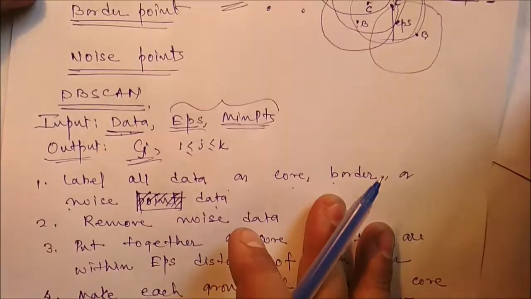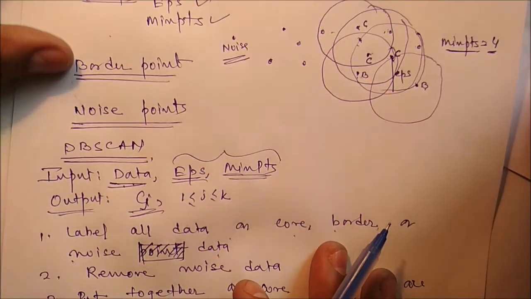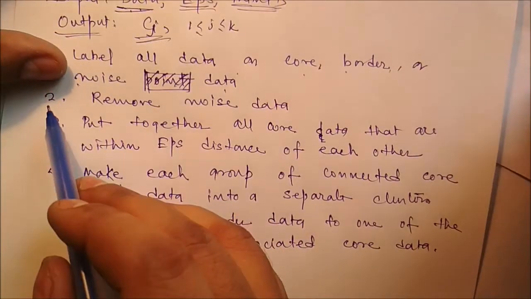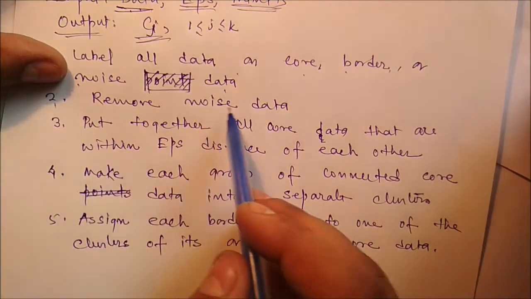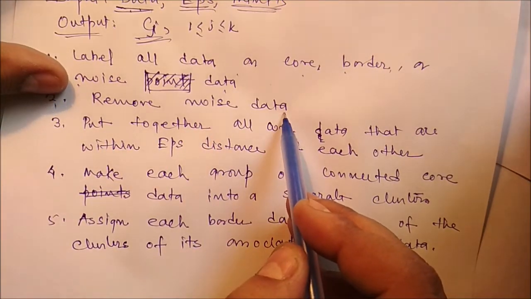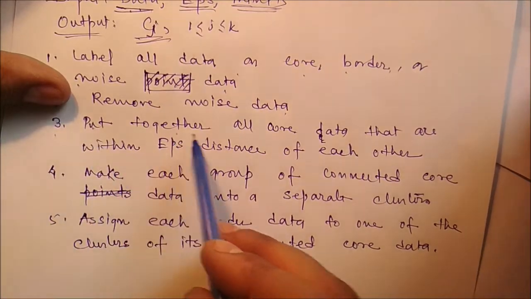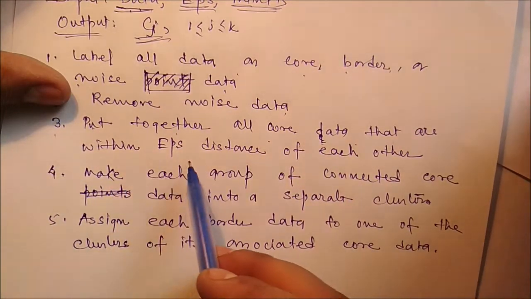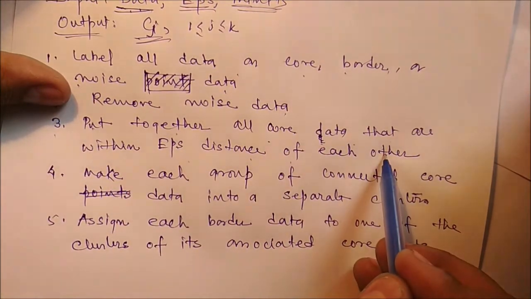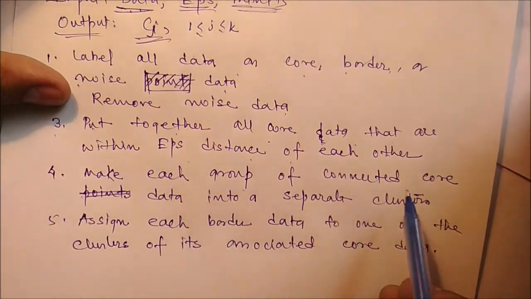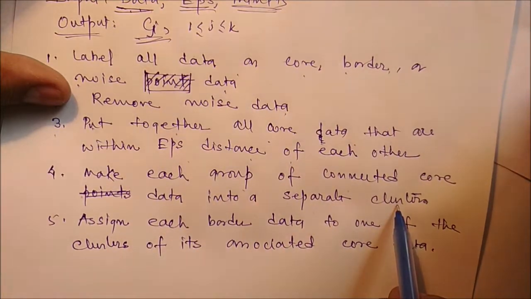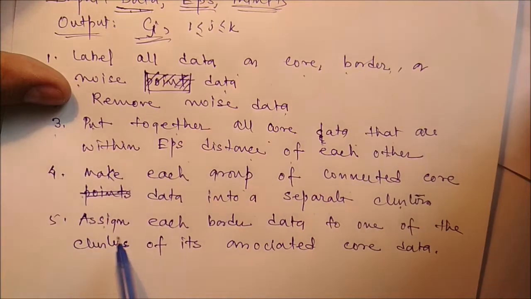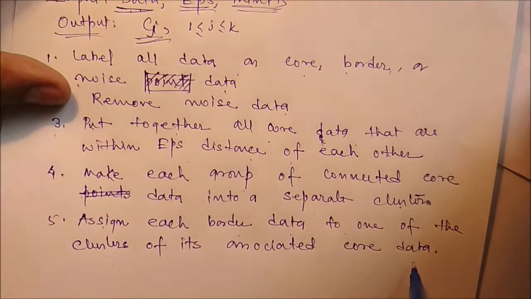We have just seen what a border point, a noise point and a core point are. Second, remove the noise data, or outlier data. Third, put together all the core data that are within EPS distance of each other. Make each group of connected core data into a separate cluster. And fourth, assign each border data point to one of the clusters of its associated core data.